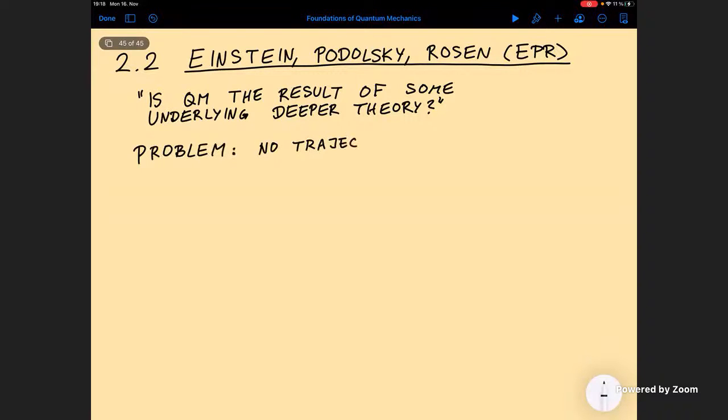So you cannot even think of trajectories, it seems, or so at least Copenhagen wants us to believe, because x and p cannot be measured simultaneously. And again, this is because the measurement of, say, x perturbs the momentum very strongly.